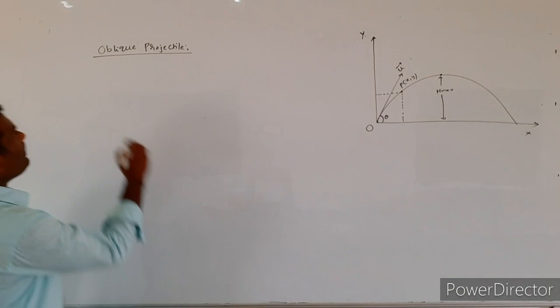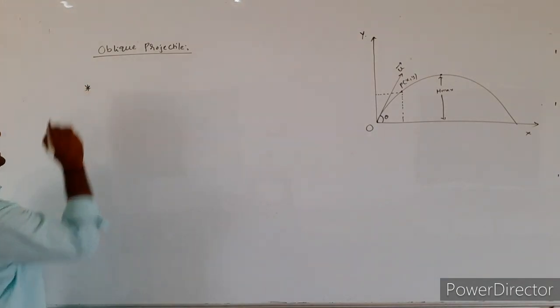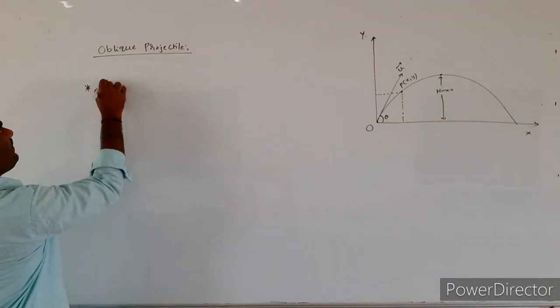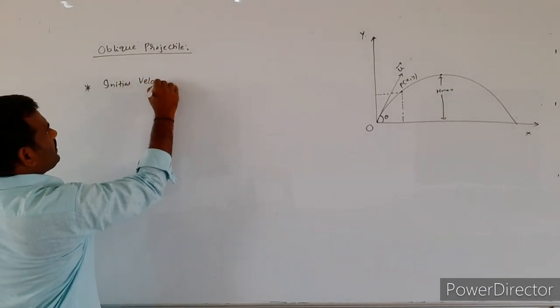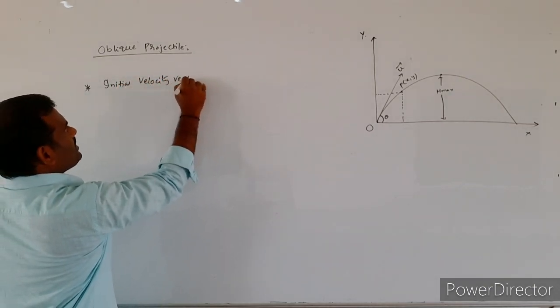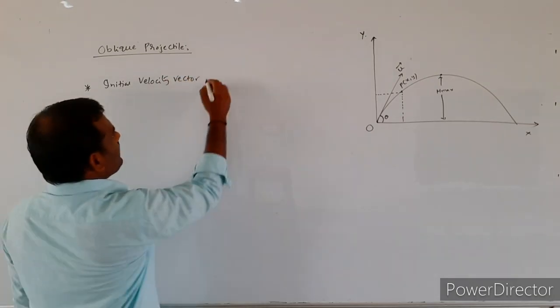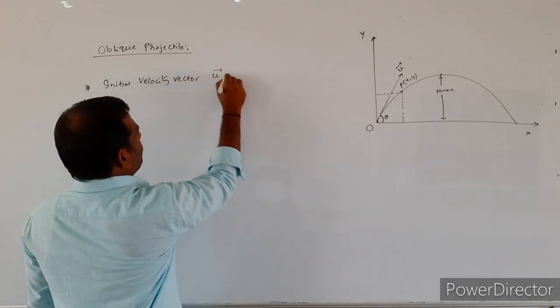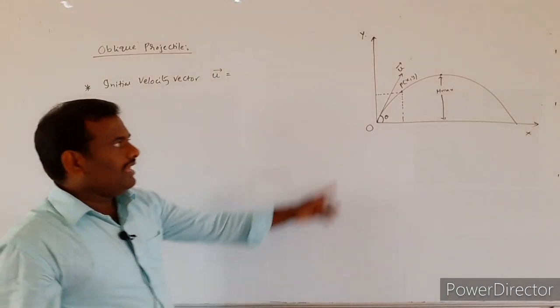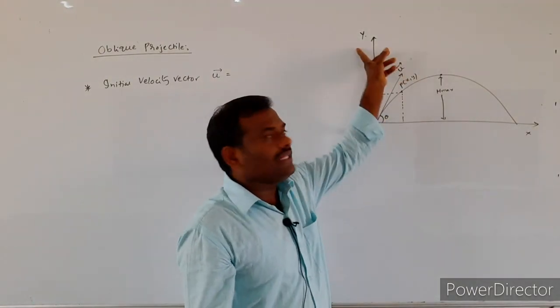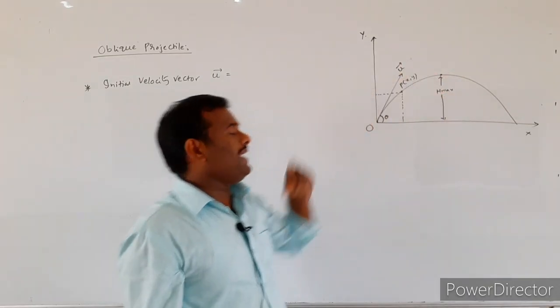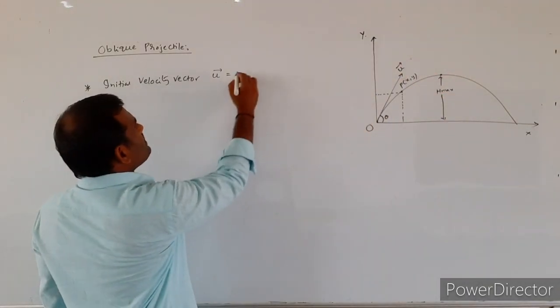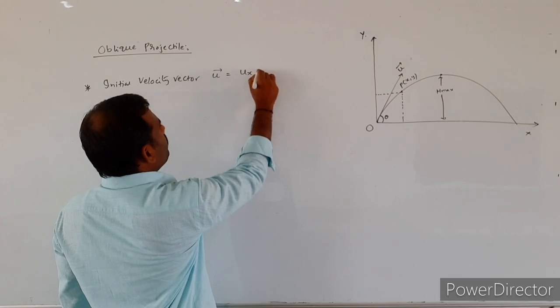So here we assume that a body is projected with an initial velocity vector represented by u bar, placed in the two-dimensional plane, so that the initial velocity vector can be resolved into two components.